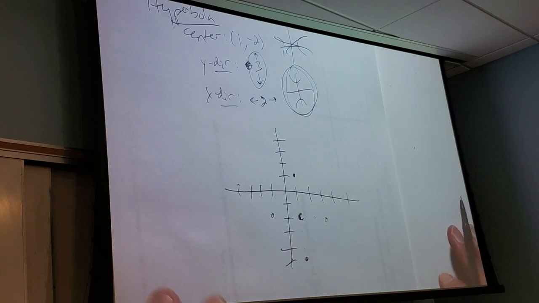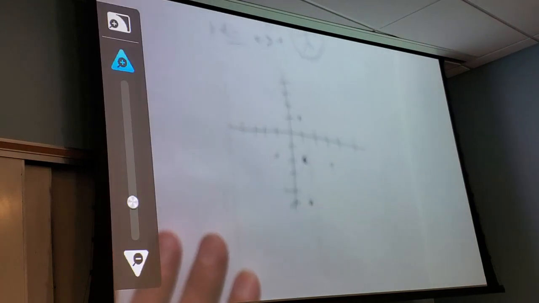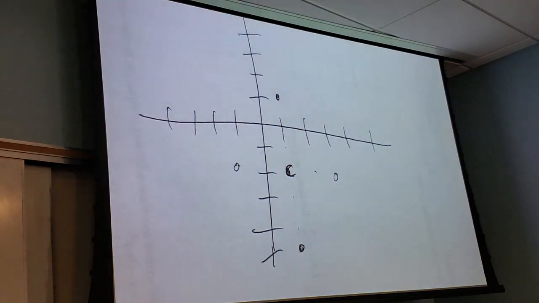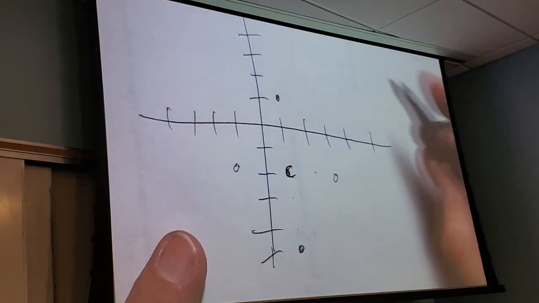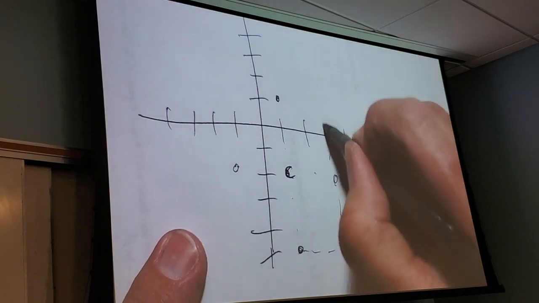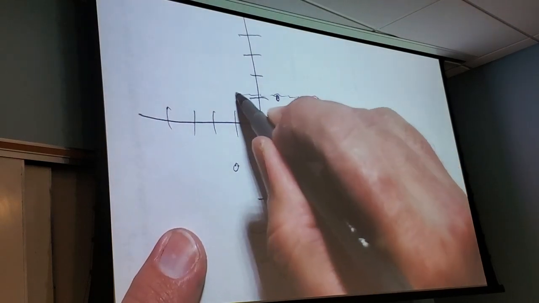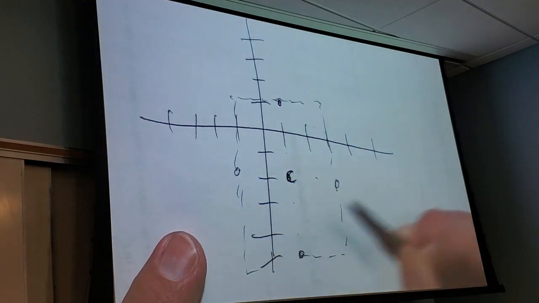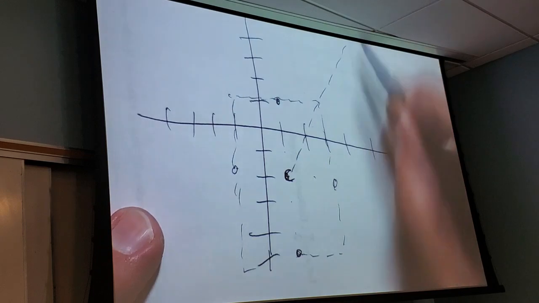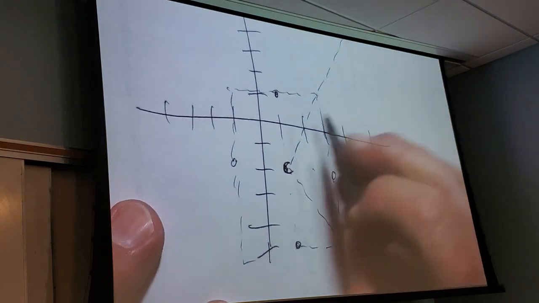Do you guys remember what to do next? I'm going to draw what now? Rectangle. All right, cool. And then I do my asymptotes out through the corners.